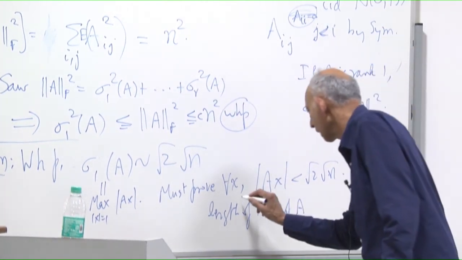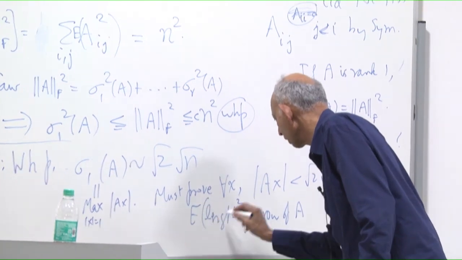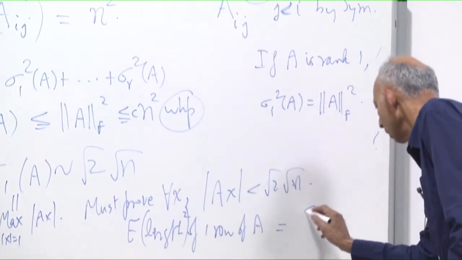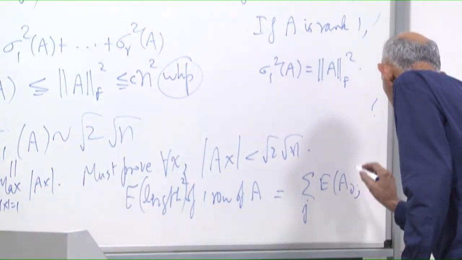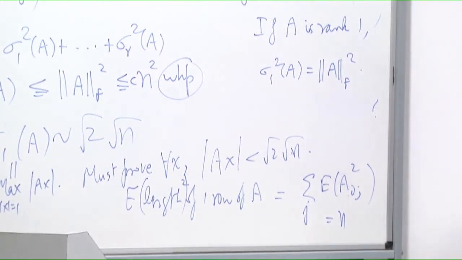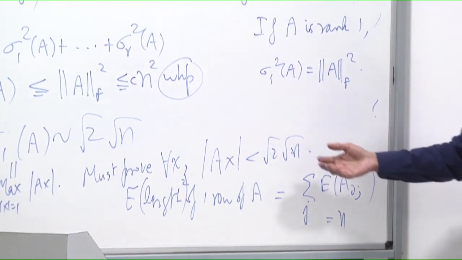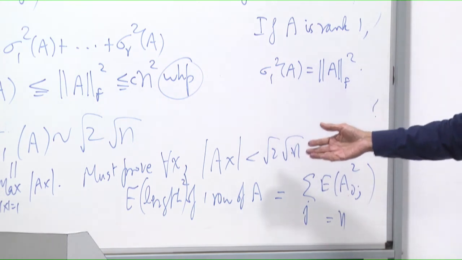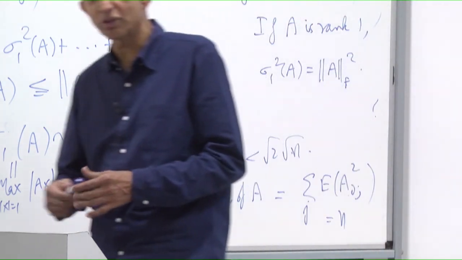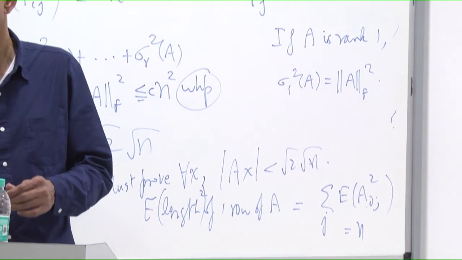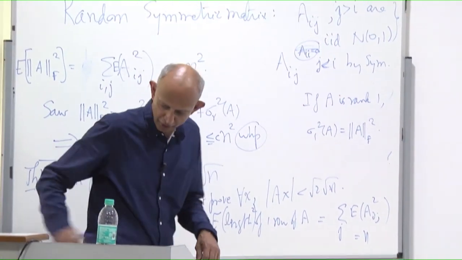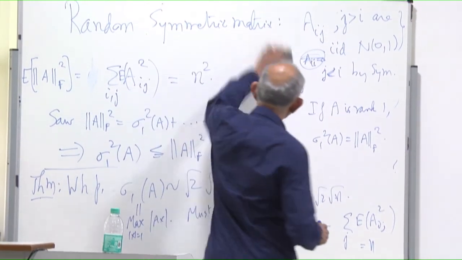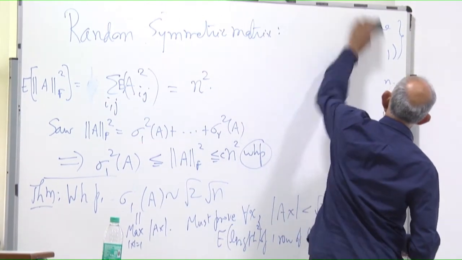So the expected length squared of one row of A is equal to the sum over j of the expectation of Aij squared. These are all ones. That's n. So the singular value is at most the length of one row times a constant. Okay. Now that's quite striking, right? That won't be true for arbitrary matrices. Why is that quite striking? Because of the following.